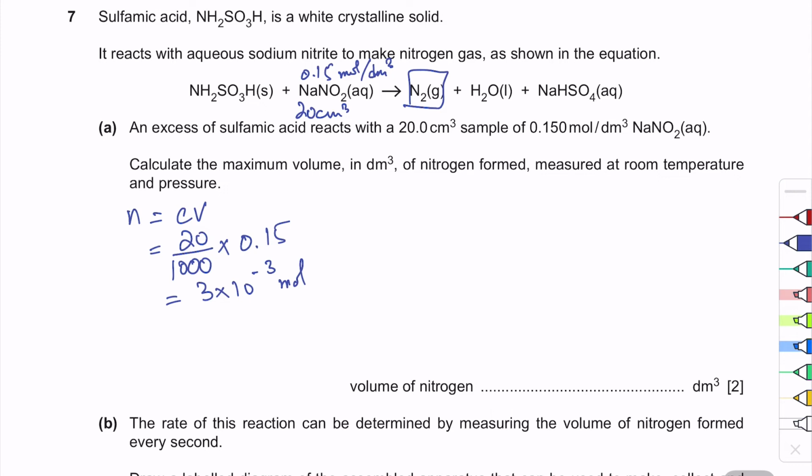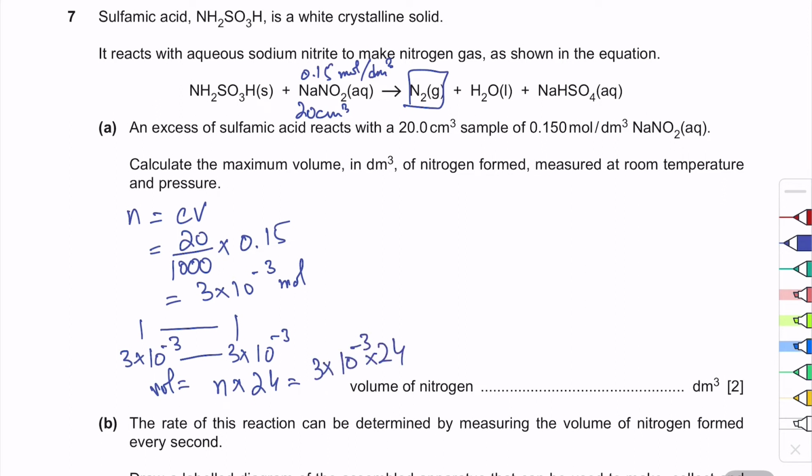Now looking at the mole ratio, 1 mole of NaNO2 produces 1 mole of nitrogen. Mole ratio is 1 to 1. So that means 3 times 10 to the power minus 3 will provide 3 times 10 to the power minus 3. Now we need the volume, so volume is moles multiplied by 24. So that's going to be 3 times 10 to the power minus 3 times 24. So 72 times 10 to the power minus 3 is 0.072 dm cube.